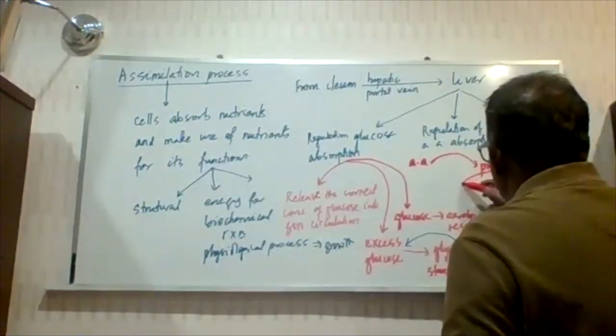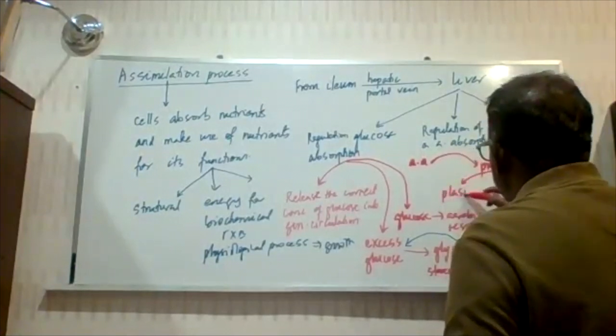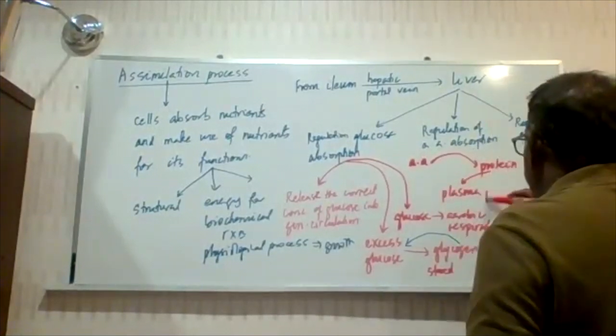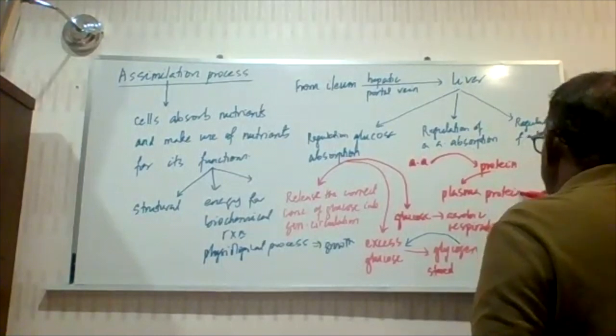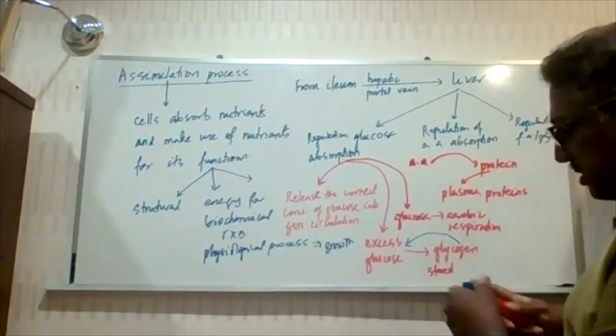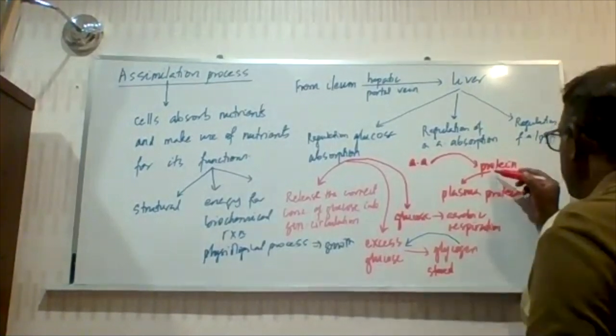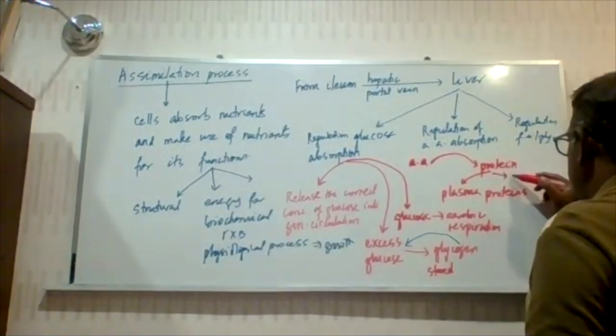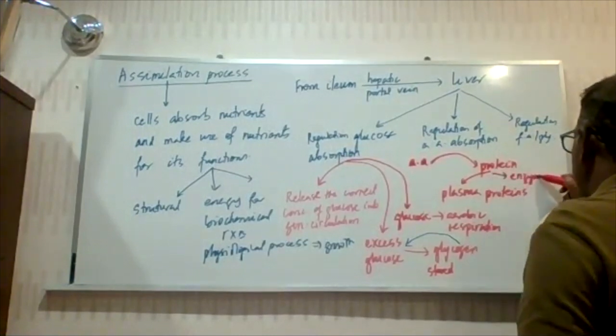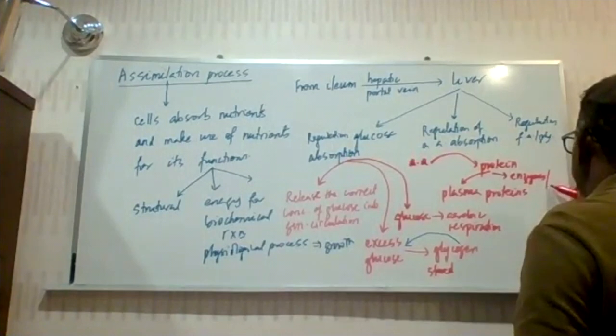Remember, these proteins include plasma proteins. Besides plasma proteins, they also include other proteins such as enzymes and hormones. So it uses its amino acids to convert into proteins, and I also put there enzymes and hormones.